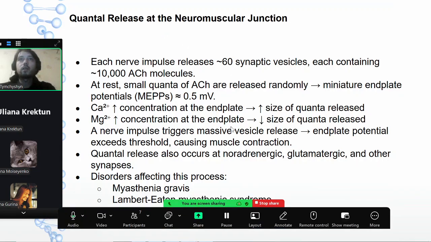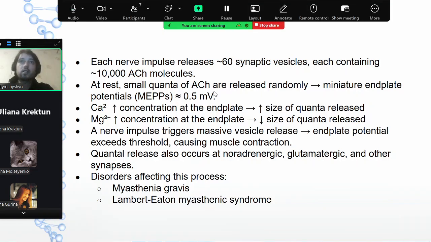So here are some numbers regarding release at the neuromuscular junction. Each neural impulse releases something like 60 synaptic vesicles containing around 10,000 acetylcholine molecules. At rest, small quanta of acetylcholine are released randomly. That's pretty okay. We have already studied that all the molecular processes are more or less based on randomness, on diffusion, on fluctuations, and so on.